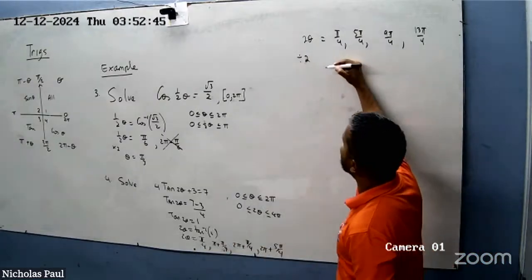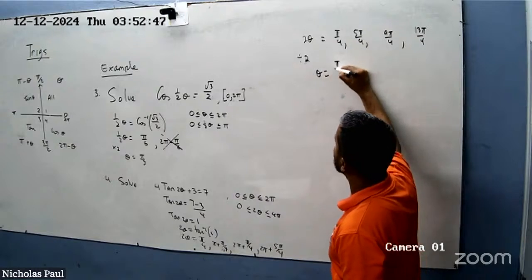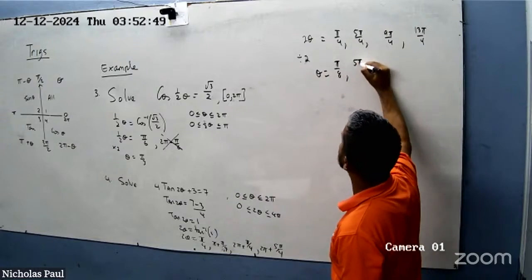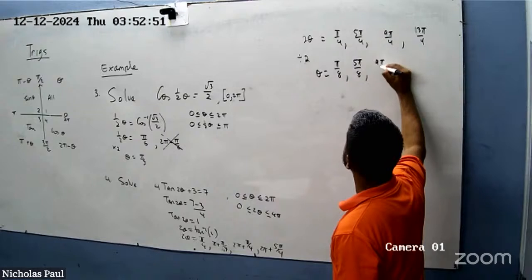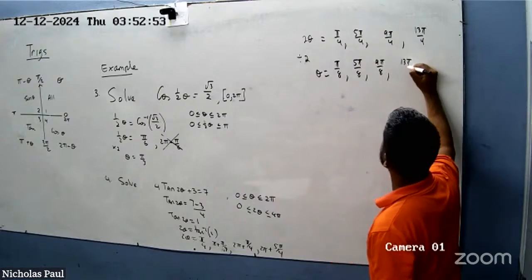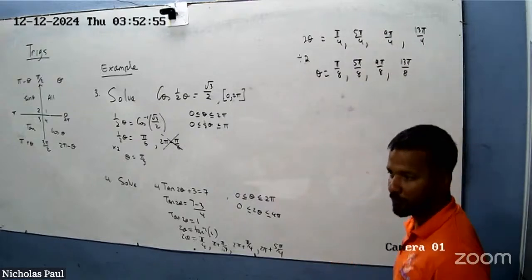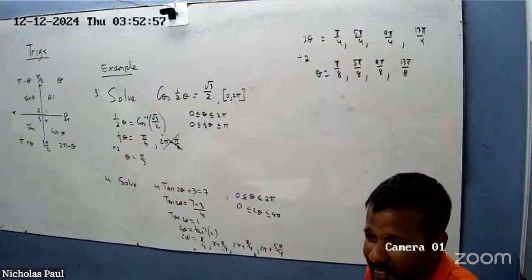Divide everything by 2, you'll get pi on 8, 5 pi on 8, 9 pi on 8. Okay?